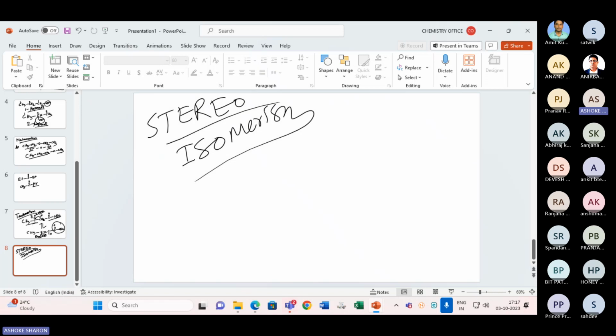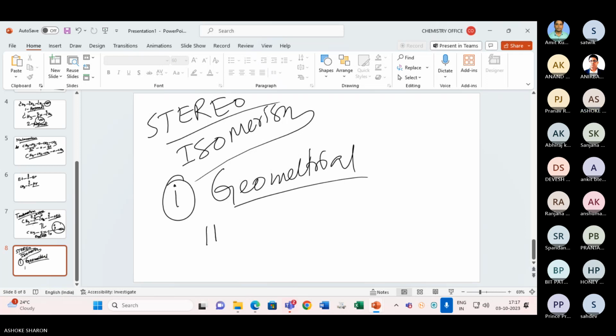In stereoisomerism, there are different categories. First one is the geometrical isomer. Another important one is the optical isomer.